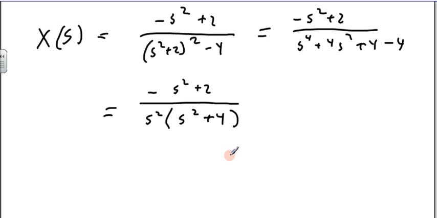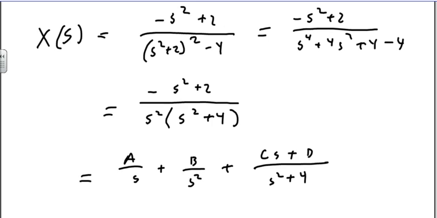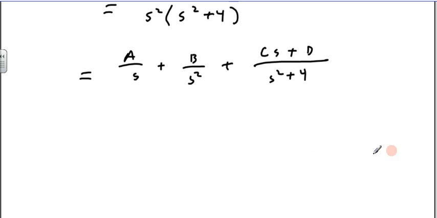Okay, that seems good. Now we're going to do a partial fraction and say that this is A over s plus B over s squared plus Cs plus D over s squared plus 4. Okay, that seems like a reasonable thing to do.